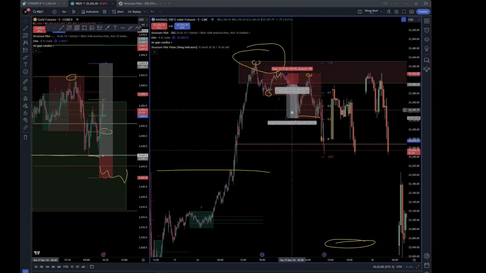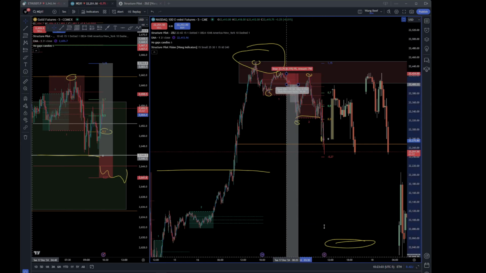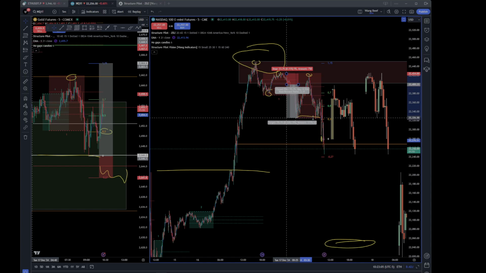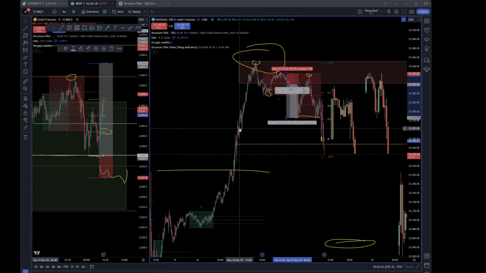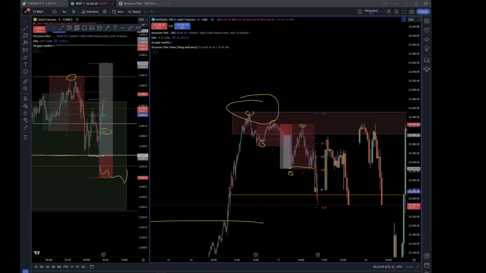But I could have been in that short, but to be in that short, I need to see my confirmation first. My confirmation being what? Would you have waited for the second swing on the M5 to start your trading? Honestly, not necessarily.